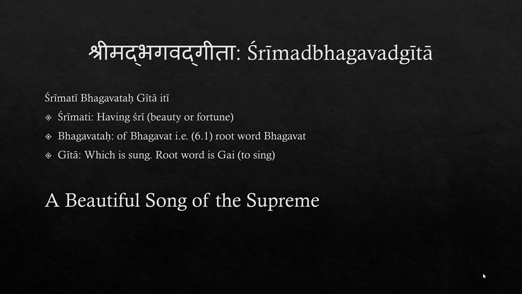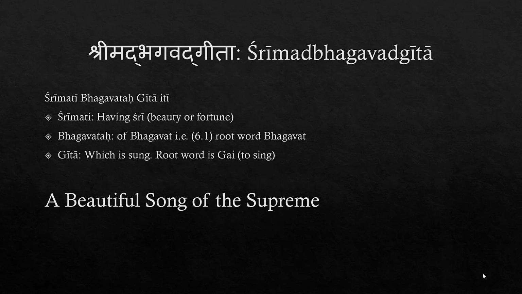Next one is Bhagavata. Now Bhagavata is coming from the table which we discussed earlier, and it means of Bhagavat, in relationship to Bhagavat. The root word is Bhagavat. So the root word Bhagavat means one who possesses Bhaga, as we discussed in the previous slide. So Bhagavataha means of Bhagavat.